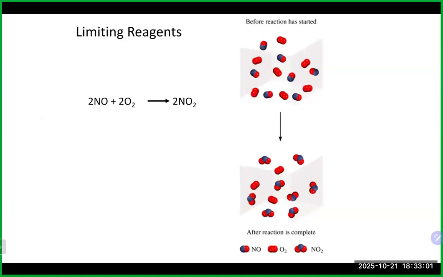When a reaction actually takes place, it does not always take place in a perfect sort of reaction. What that means is usually there is some reactant that gets used up first, and there's usually a reactant that you have plenty of. The one that gets used up first is the limiting reagent.